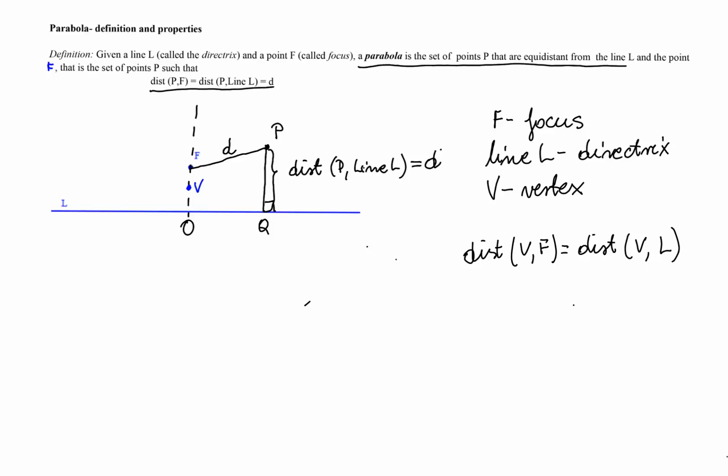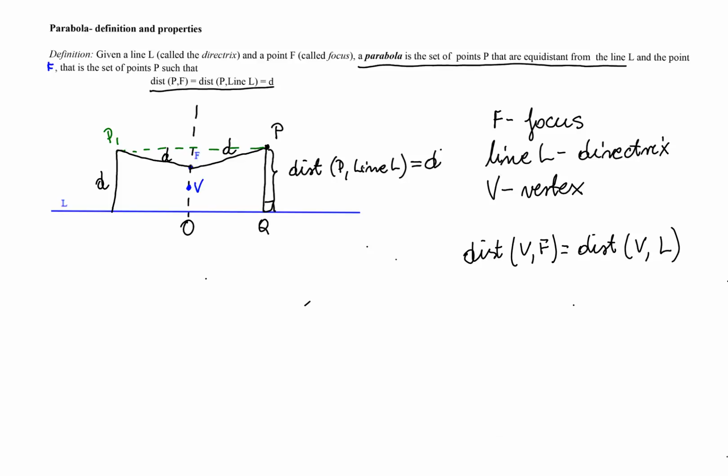Let's notice another property. If we draw the symmetric image of the point P across the line going through the F and V, you can easily justify, looking at the congruent triangles, that the distance between P1 and F is the same as the distance between P1 and L, because these are the same distances on the other side.